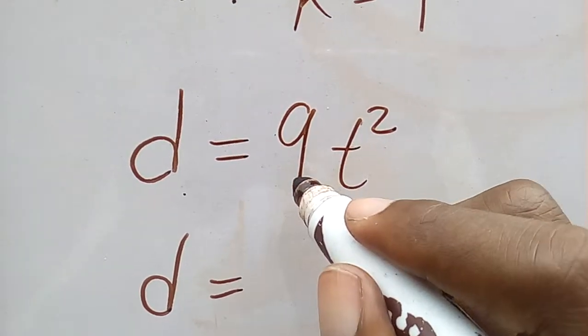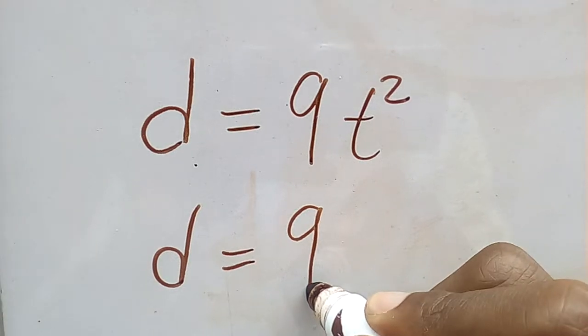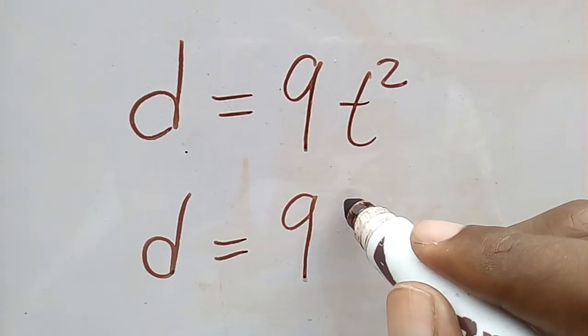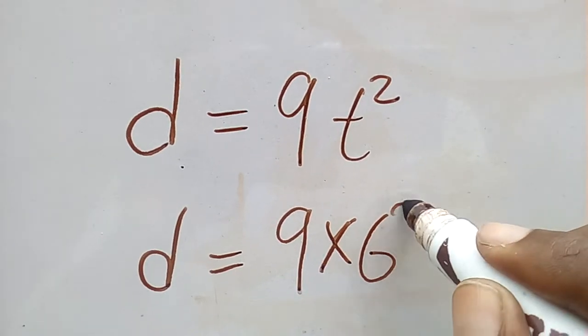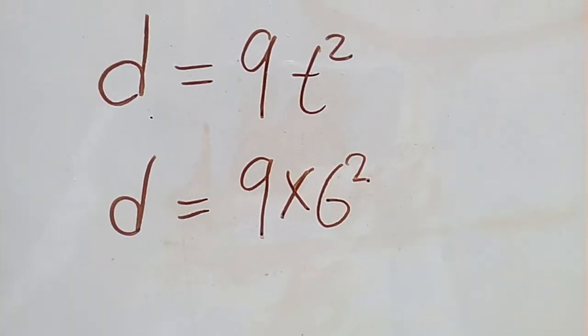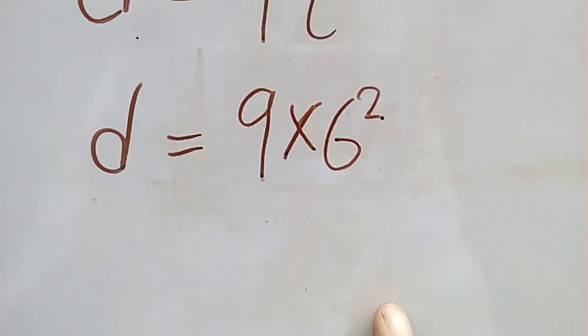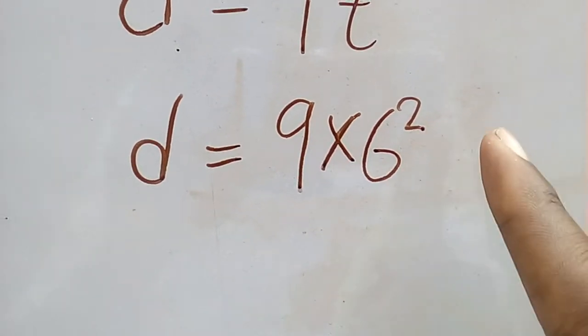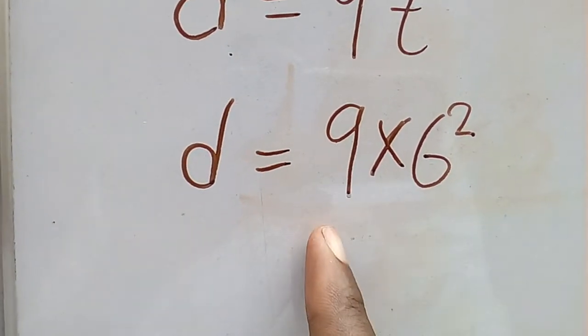So we're going to ask what d will be. Remember, 9 is a constant, so it doesn't change, and this time 6 is what's going to be squared, because that's what the question asked. Now 6 squared is 36. Now 36 times 9.